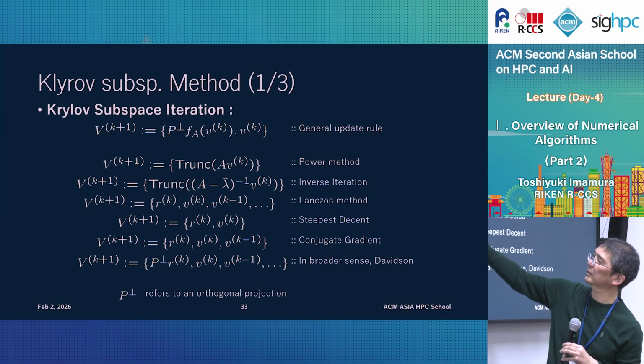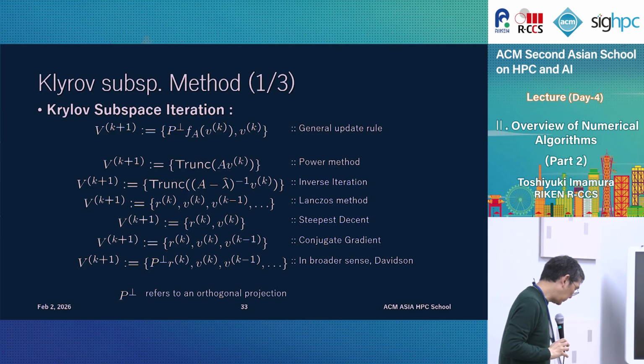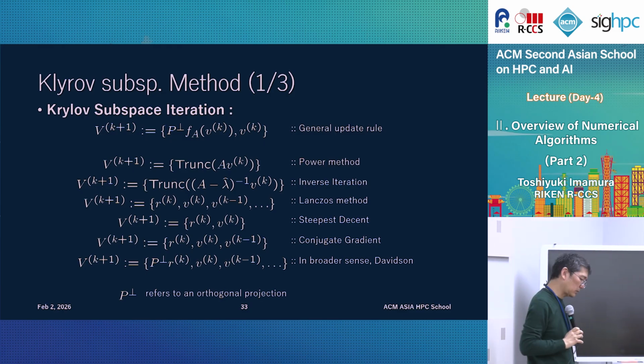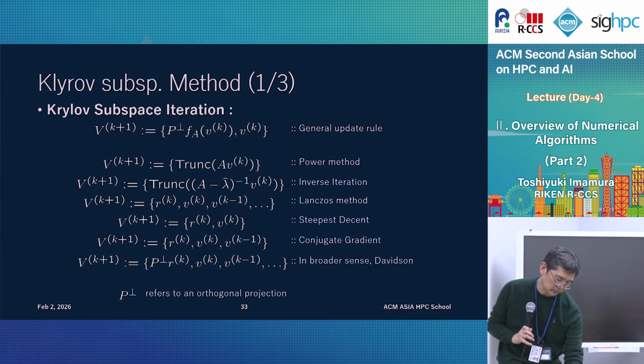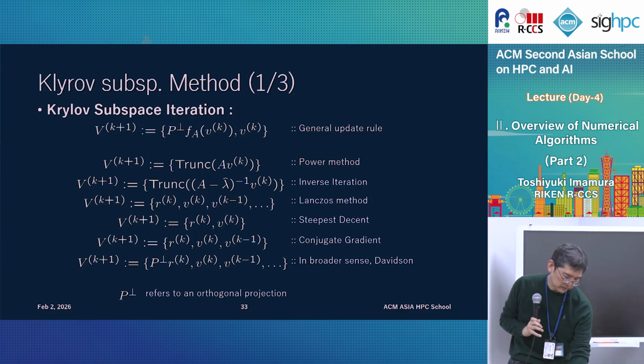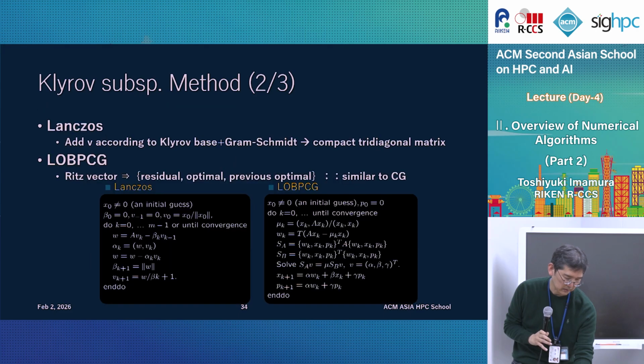And so we have several possibilities. If we design the iterative method with such a treatment of the constraint V, we can easily introduce new iterative methods for solving sparse linear eigenvalue problems.